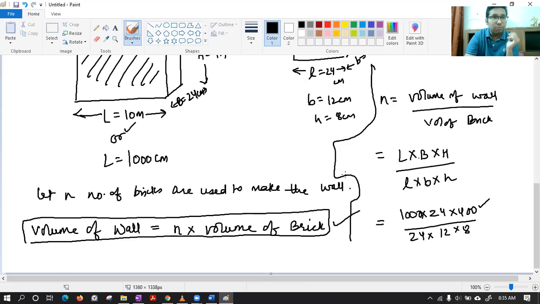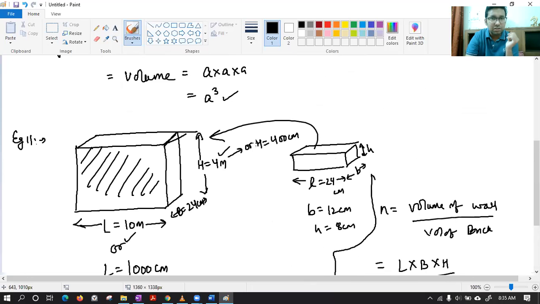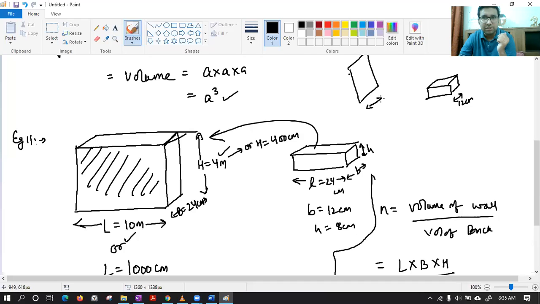Fine. Vaishnav, tell me please. You can observe the breadth of one brick is given to you as 12 centimeter and the wall that you are making, its breadth is 24 centimeter. That means the wall is thicker. So you are using two bricks side by side maybe, because 12 plus 12 will make how much?